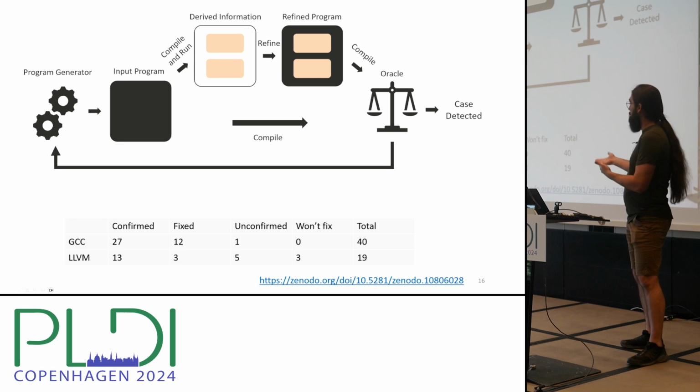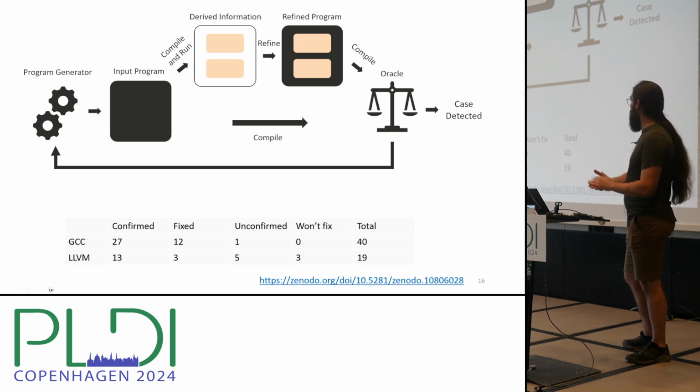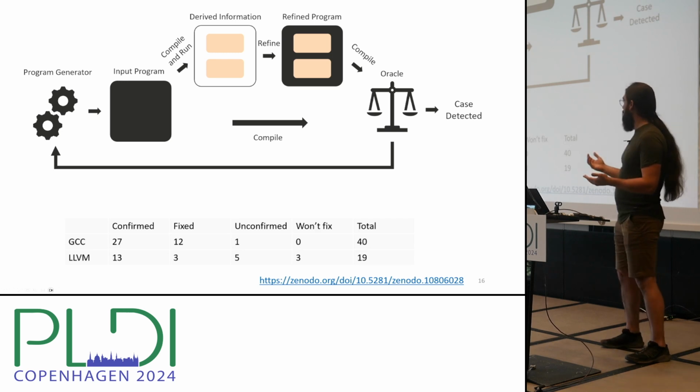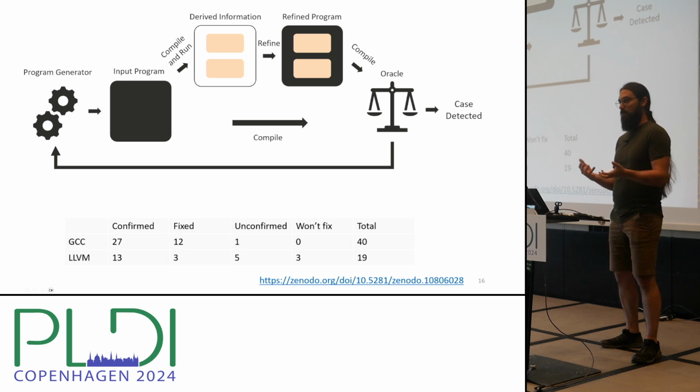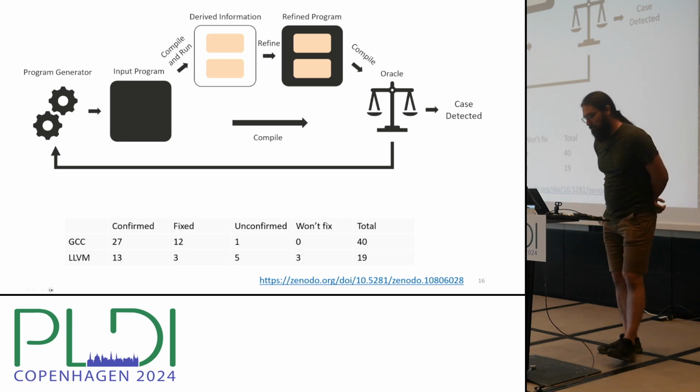Others are about missed cases that were not implemented in that particular compiler pass. Or some of them are related to unexpected interactions, where the compiler developers implemented something and couldn't foresee that downstream this might hurt another compiler pass.